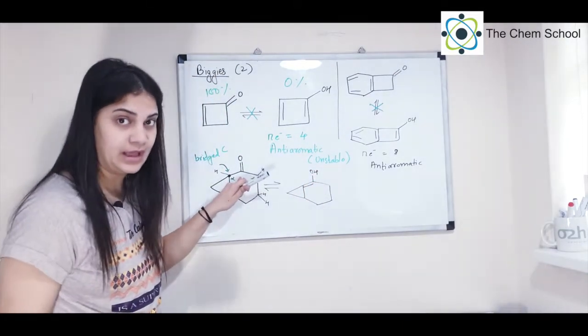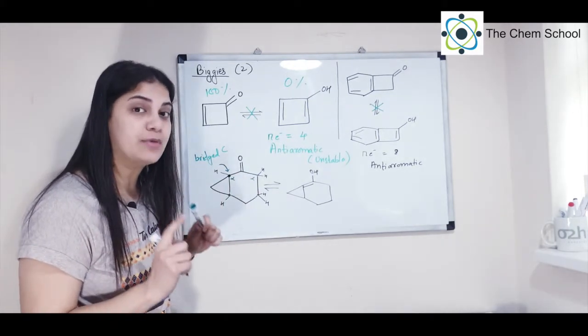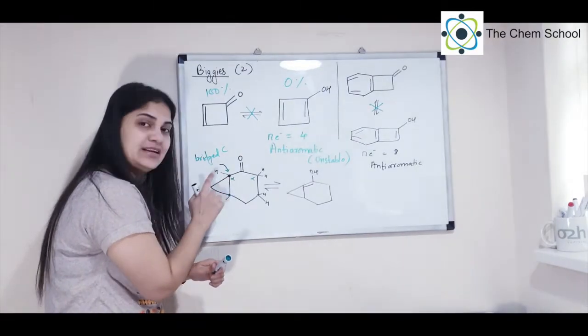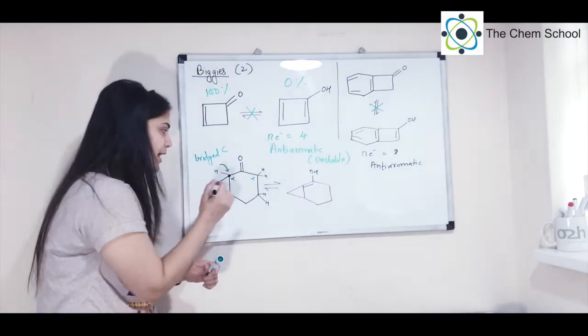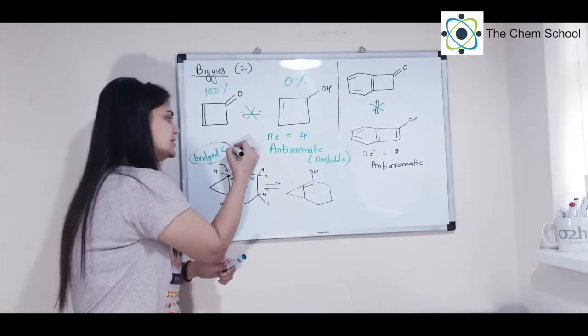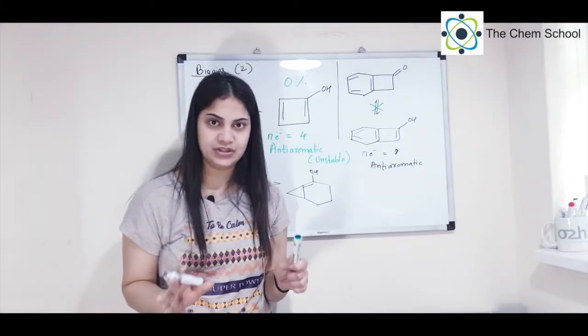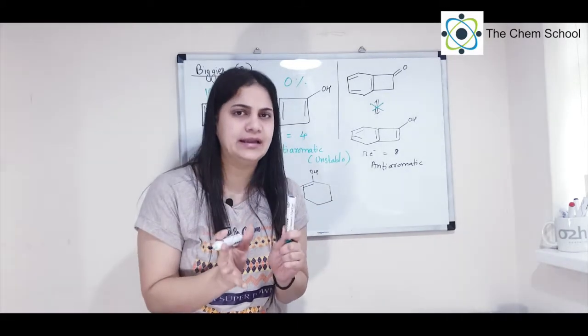I hope you remember something called Baeyer's strain, right? And it talks about bond angle. If you talk about this particular carbon, it is sp3 hybridized. Why? 1, 2, 3, 4, four sigma bonds. So this bridge carbon is sp3 hybridized. Usually in sp3 hybridization, the bond angle is 109 degrees 28 minutes, so just remember 109 degrees.